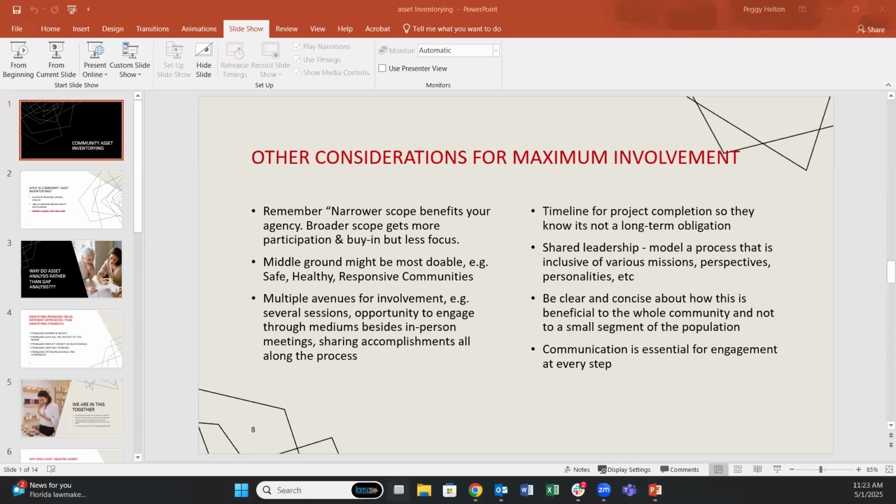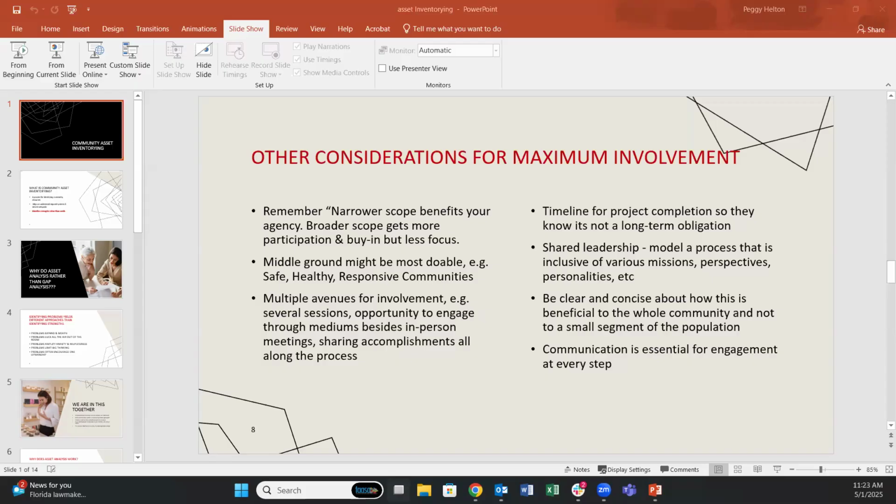So it's a way to keep the scope narrow enough that your agency and the work that you do falls in there, but not so broad that it just keeps ballooning outwards and never gets to where you need it to be.